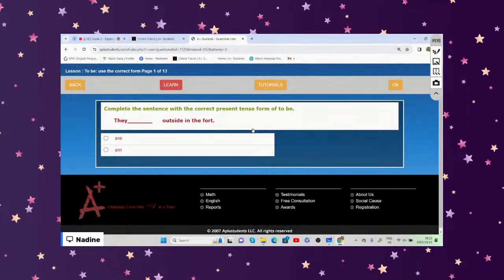We need to complete the sentence with the correct present tense form of to be. We need to either say they are or they am outside in the fort.